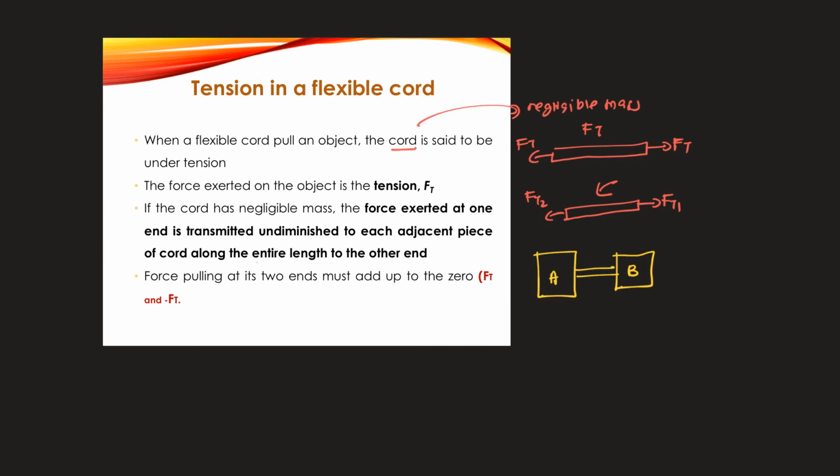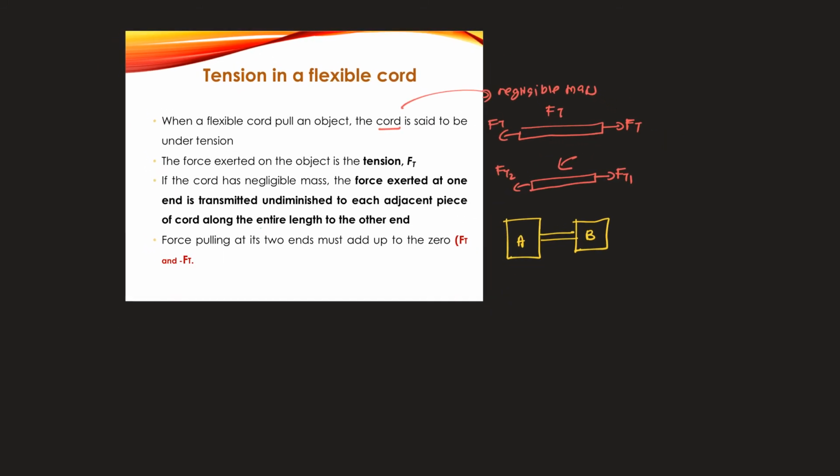The way you draw the FBD is to assume the cord is like another object, which we call C. The free body diagram for A has the tensional force from the cord acting on object A, then the normal force, and then the gravitational force. If the question says frictionless, then you don't have to put the friction. This is for object A.